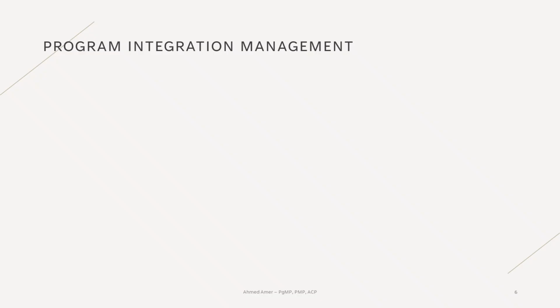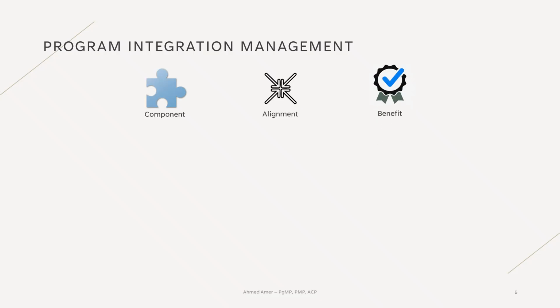Now, let's take a closer look at program integration management. As we are already aware, program management refers to the alignment of various program components to achieve the planned program benefits. In order to meet this target, program managers apply a number of practices to optimize and integrate different elements such as budget and timeline to deliver the maximum benefits at the program level instead of the component level.